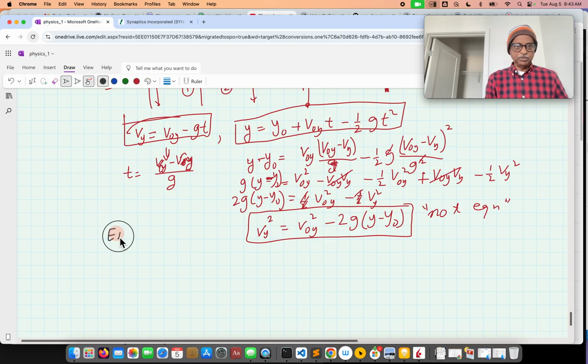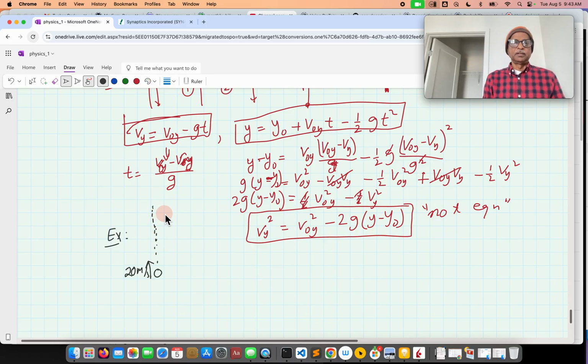So an example will be like, I toss a ball with, say, 20 meters per second. So several questions you can ask. Where will it be at t equals 1 second?